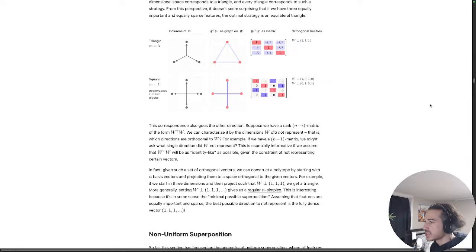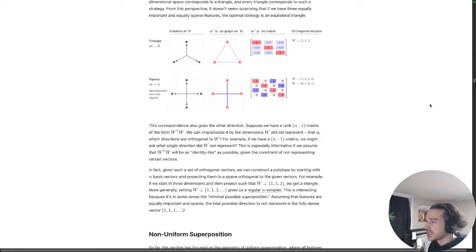Down a row, we see square, m equals 4, which decomposes into two digons, these straight vectors with points at each end. WᵀW as graph on W creates, what would you call it? It's interesting here because they have the lines connecting as a cross rather than a square, which actually doesn't make complete sense to me at least.